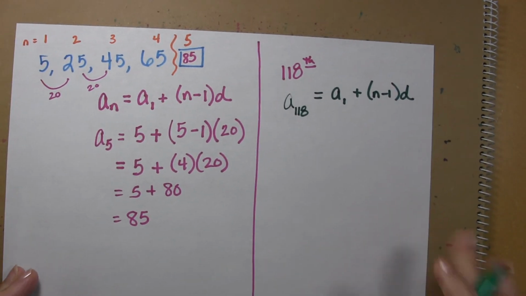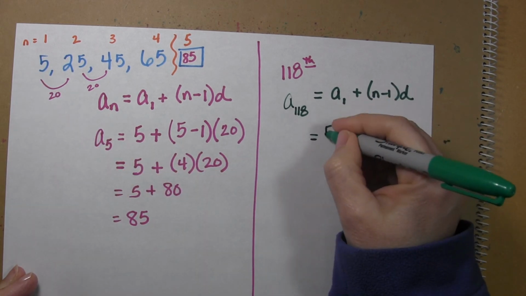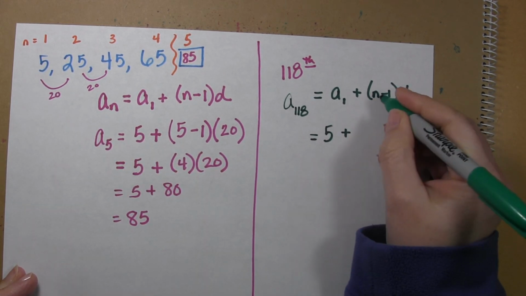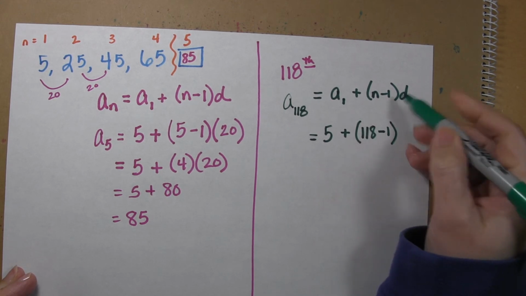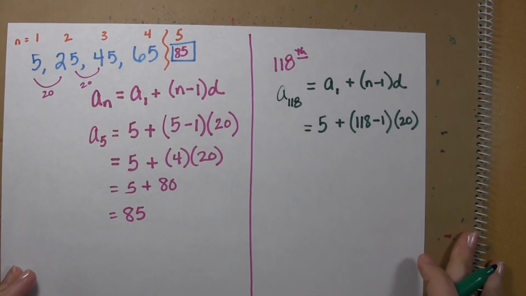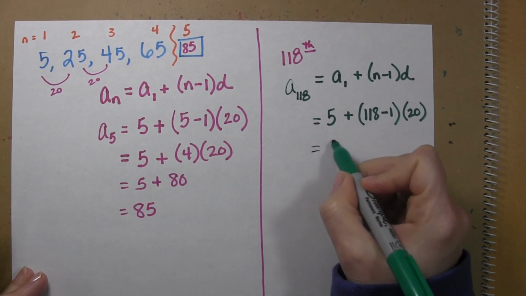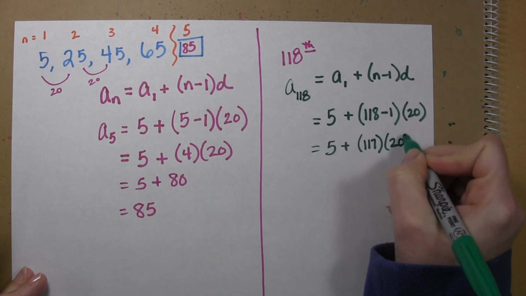And then we're just going to fill in the numbers. A sub 1 we know is 5 because that's what our first term is. This is going to be 118 minus 1 times our d, which is 20, right? That's the distance between the terms. So that's going to be 5 plus 117 times 20.